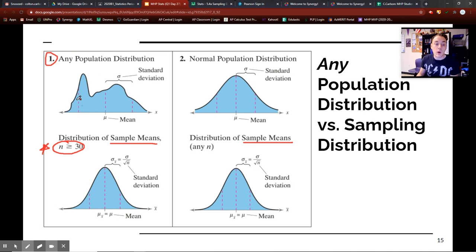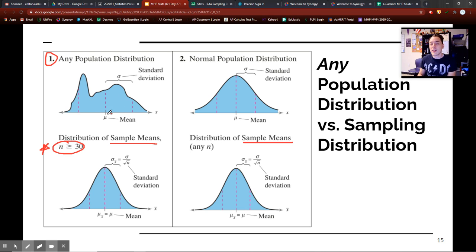Okay? Because what if you have a population like Phoenix that doesn't look very pretty, that does not look very normally distributed, where when you're taking the data polls, it's very lopsided on one side rather than the other. It's not pretty, and sometimes data in the real world is not pretty, right? And so it's going to look like this, and your standard deviation is going to be like, blah, and your mean is going to be like, blah.